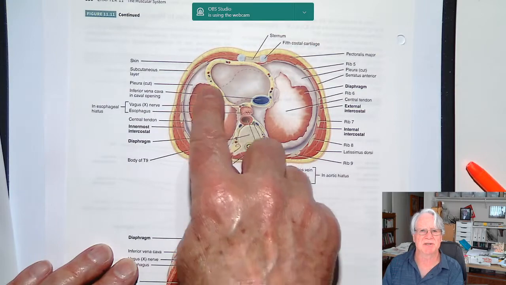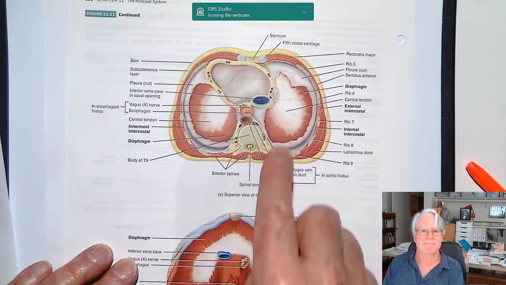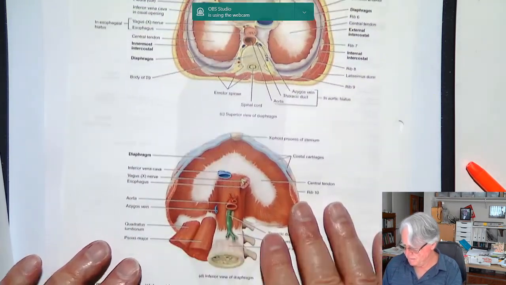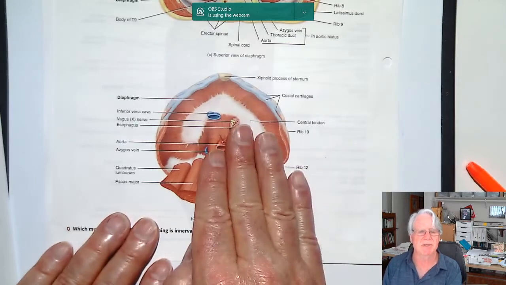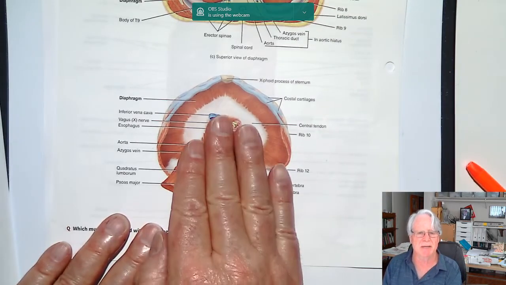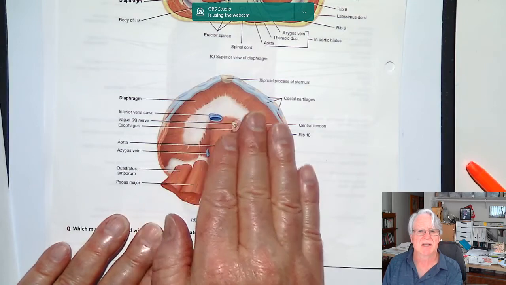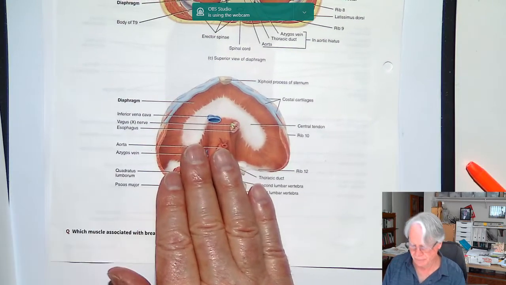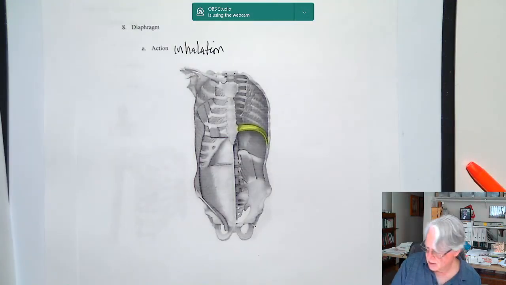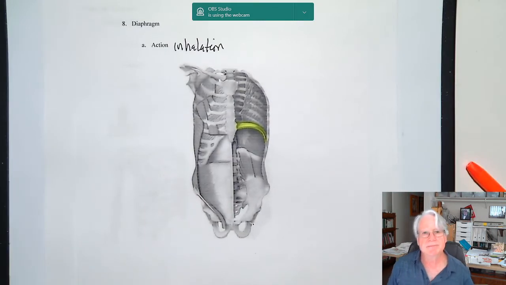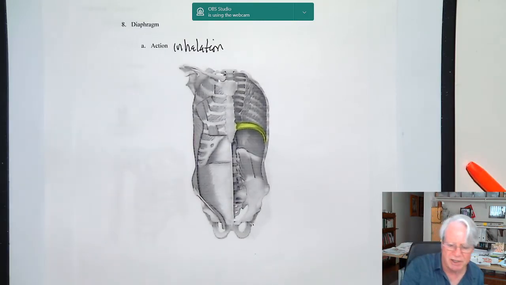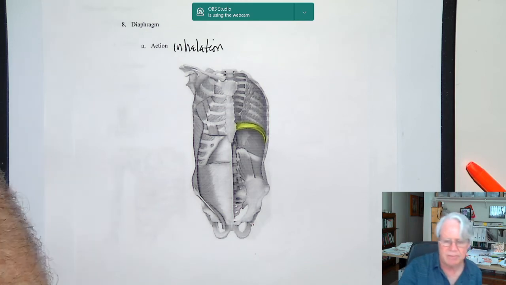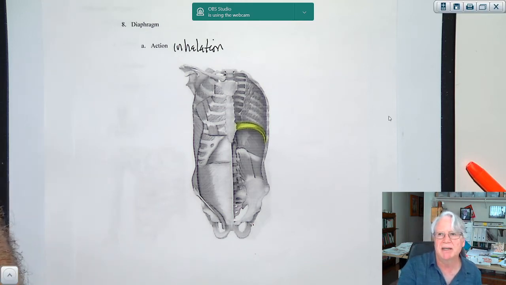And the lungs would be sitting right here and here. Okay. And then this is an inferior view, so we're looking back up. Now we're in the abdominal cavity, looking back up towards the thoracic cavity, and there it is right there. And that's inhalation.